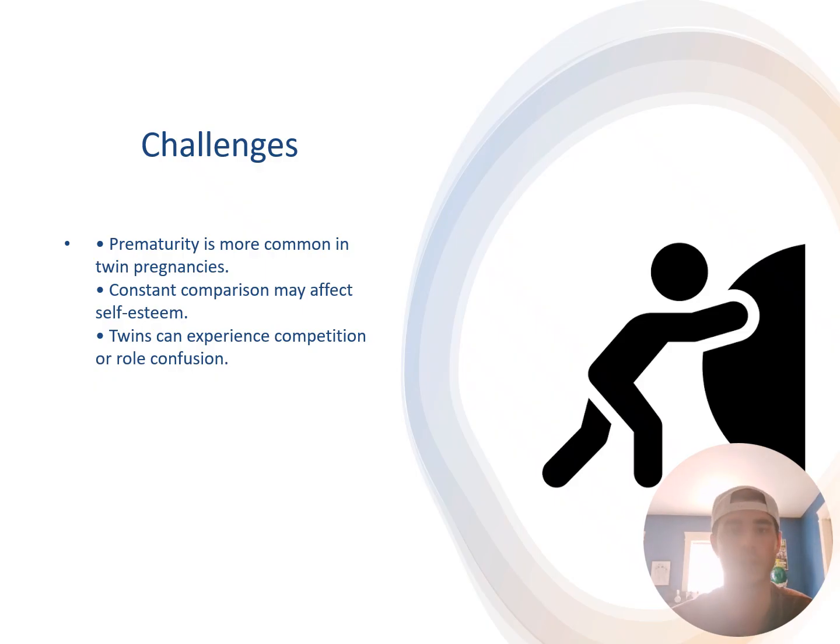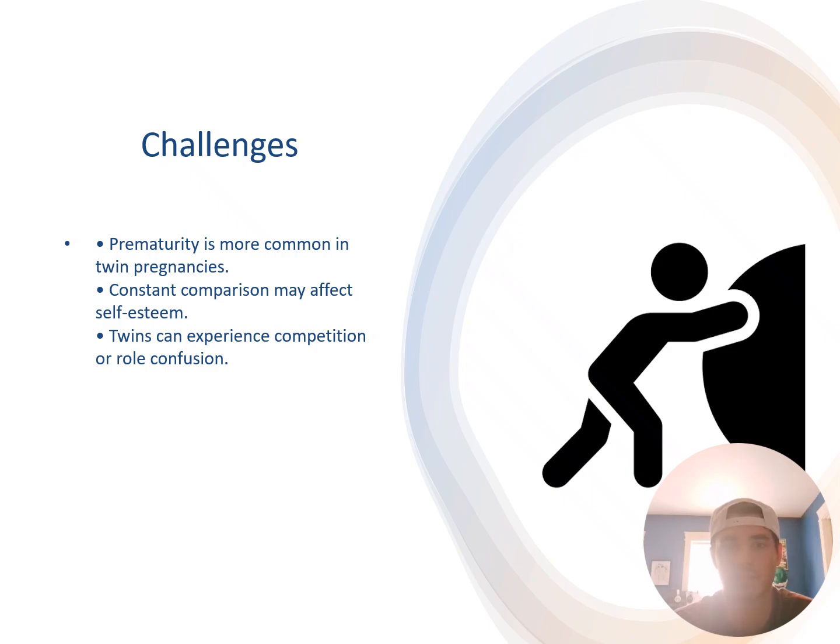It doesn't double the size. It actually just causes the twins to grow a little bit smaller or be born a little bit smaller. So these medical complications may require a lot more monitoring.